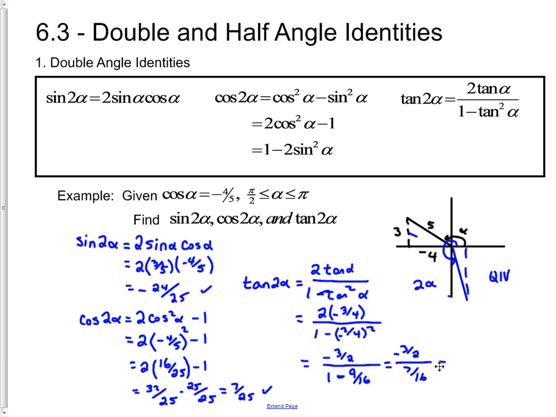And so we invert and multiply our denominator right here. We're going to take negative 3/2 and multiply it by 16/7. 2 goes into 16 8 times. And our result will end up being negative 24/7 for the tangent of that function. So that's what we were looking for right here. This is one use of these double angle formulas.